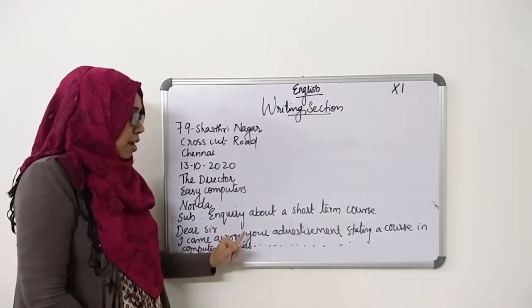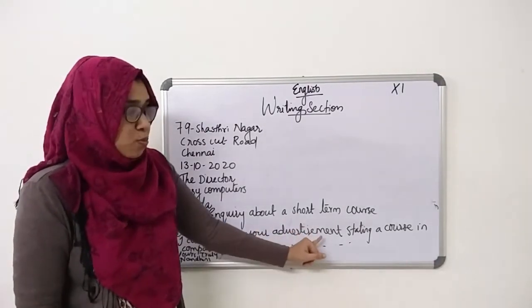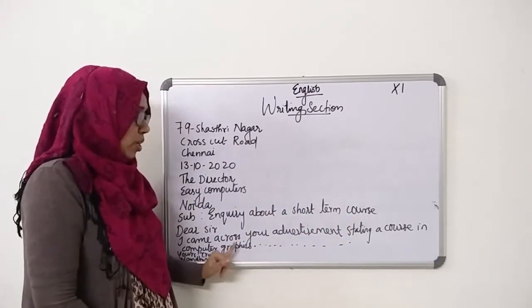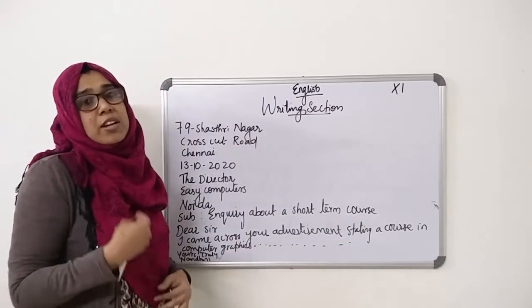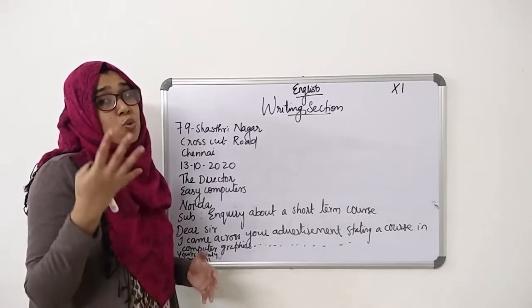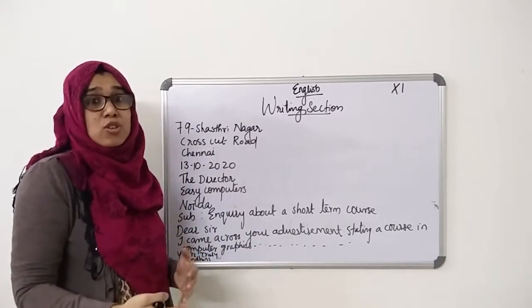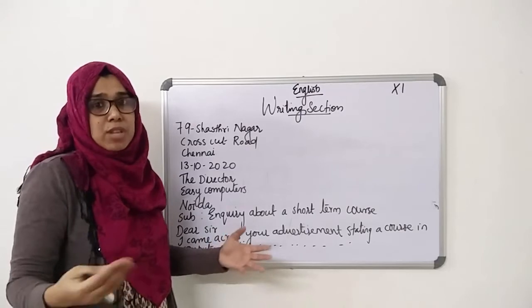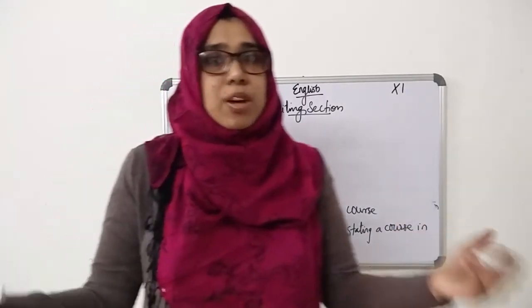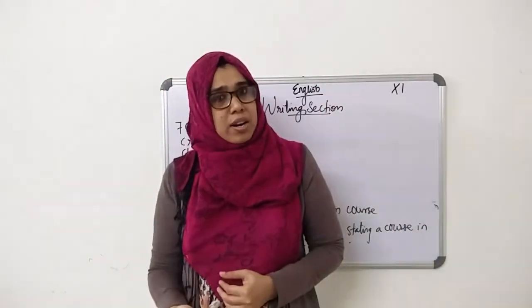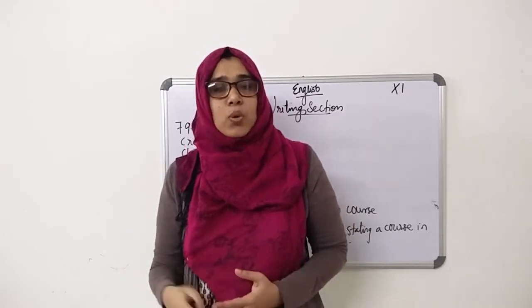Listen here. I came across your advertisement stating a course in computer graphics. If you are inquiring about something, you must get to know about it through an advertisement or from somewhere. Only then, if you are interested, do you start inquiring about it.